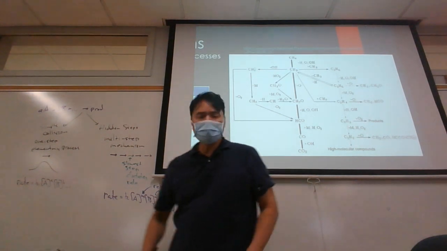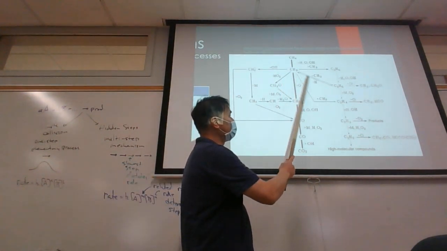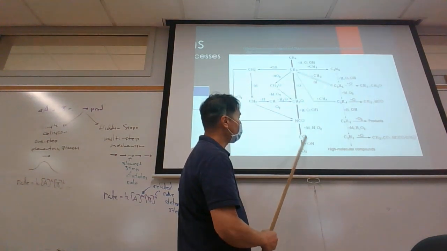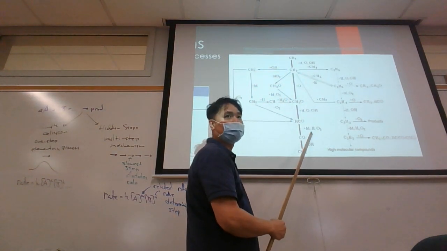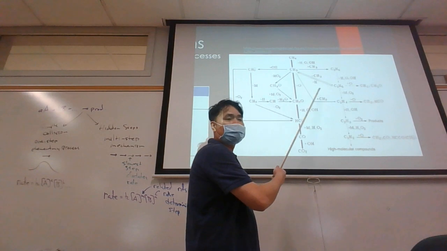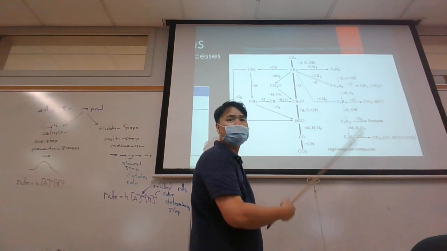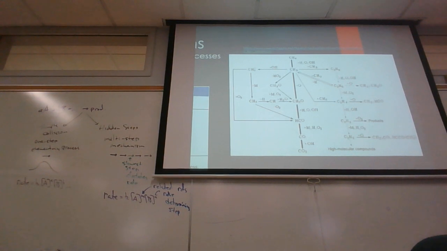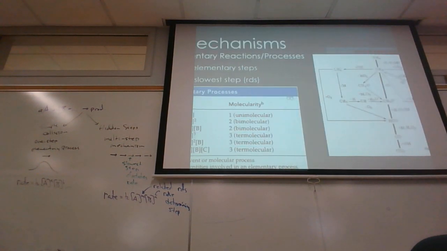And in this complex mechanism, there's a slow step, and that slow step is going to dictate how fast the overall reaction occurs. But which one of these is the bottleneck in this reaction? That's what we're going to be looking at in this part.